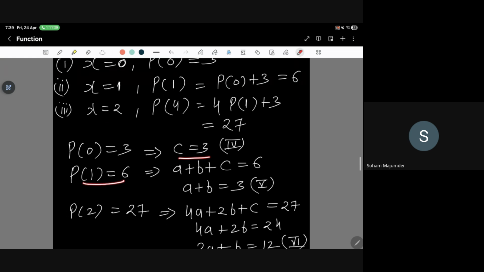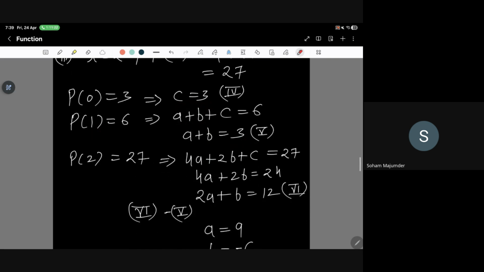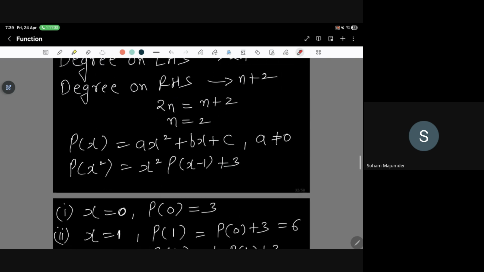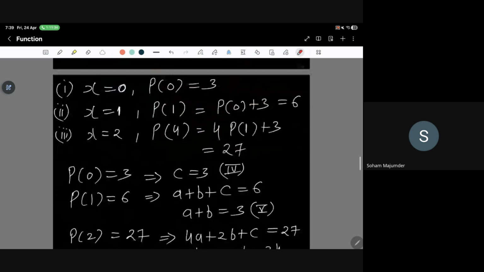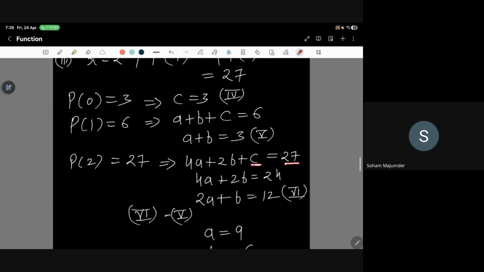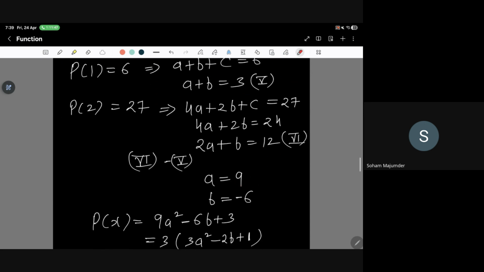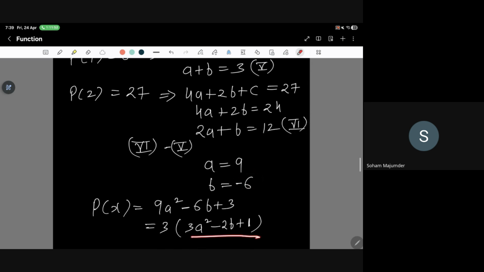P of 1 is 6, a plus b is 3. P of 2 is 27. So 4a plus 2b plus c, right? C is 3, 24. Taking 2 common, so 2a plus b is 12. 12 minus 3, 9. And b will be minus 6. So yes, this will be the correct one then. Any doubt here in this?